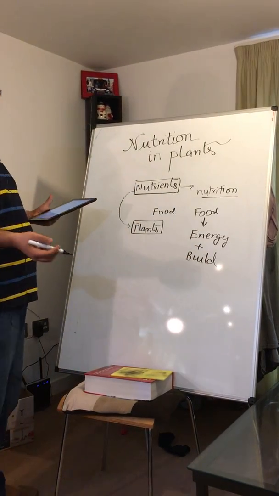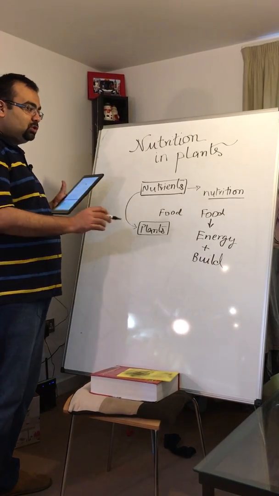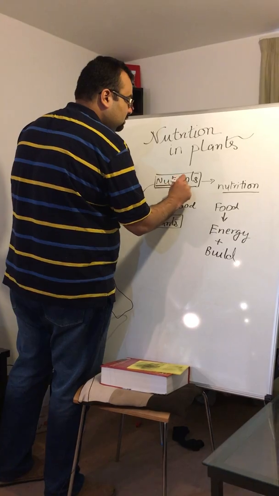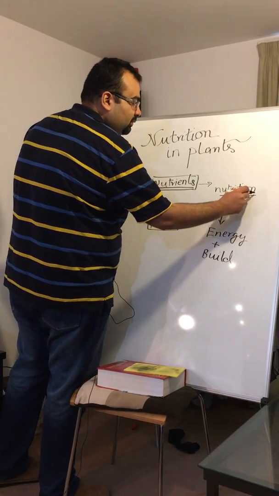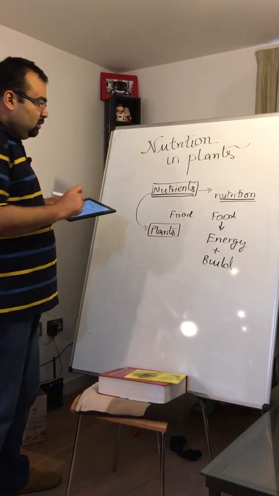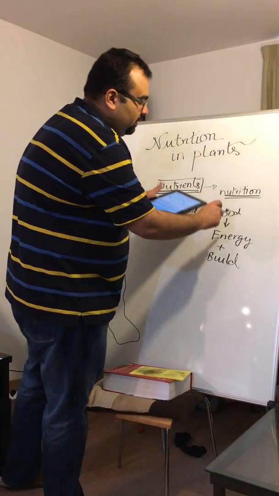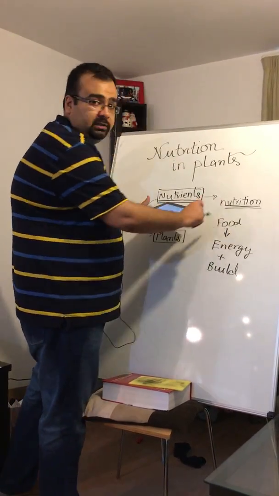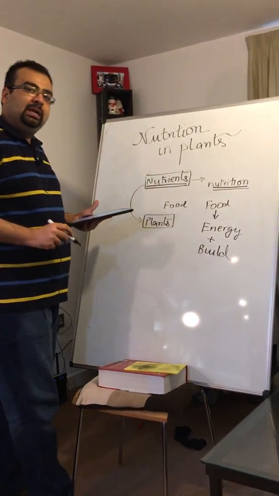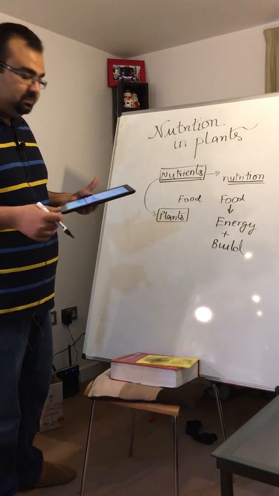In the case of a plant as well, the same process is true. So what have we understood so far? One term was nutrients. The second word is nutrition. Nutrients go in, which is the food ingredients. Body breaks it down to form energy and build it, and hence grow later on.